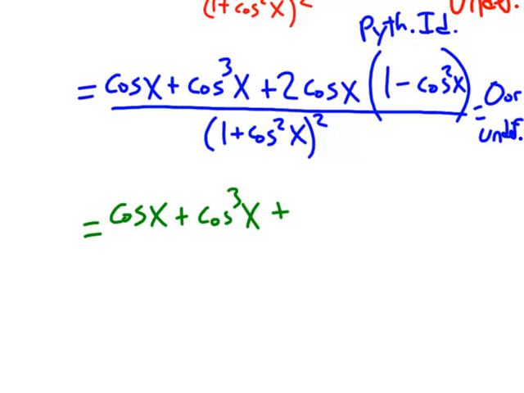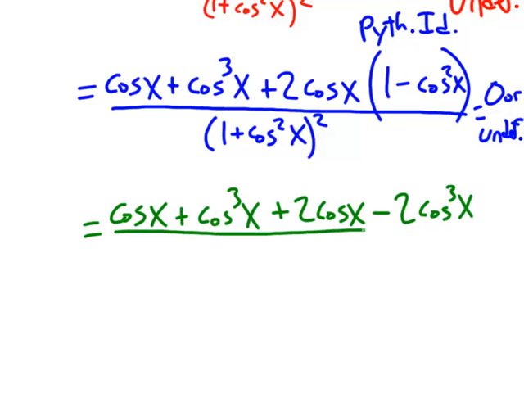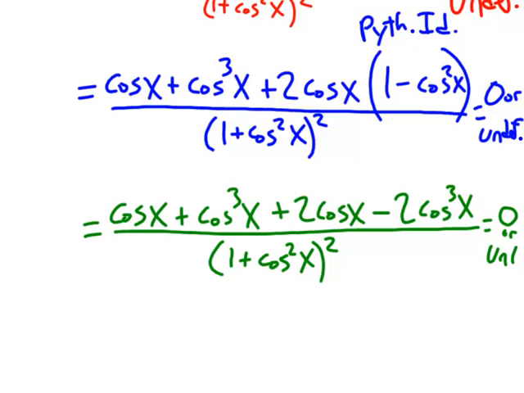And when I distribute that, I get 2 cosine x minus 2 cosine cubed x, all over the bottom, equals 0 or undefined. And let's combine those like terms.